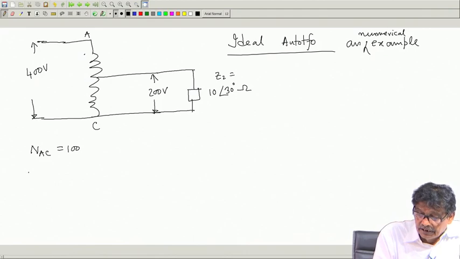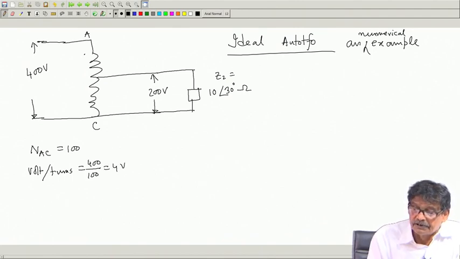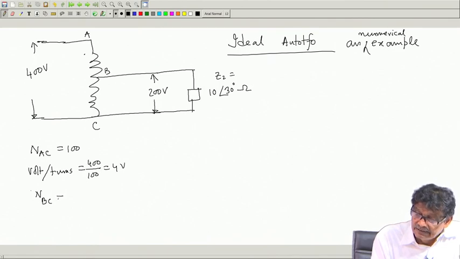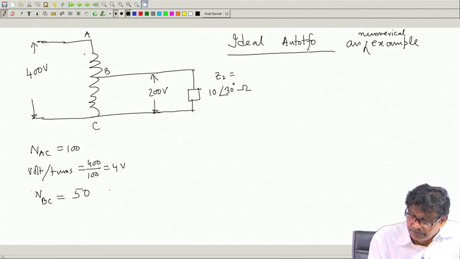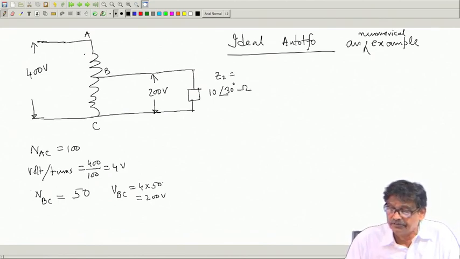Then immediately I will calculate volt per turn, which will be equal to 400 by 100, 4 volt per turn. And suppose I say that NBC is equal to say 50 turns. Then this voltage VBC must be equal to 4 into 50, that is 200 volt, is not? That is how I got the voltages.